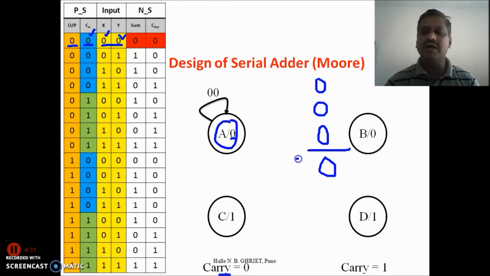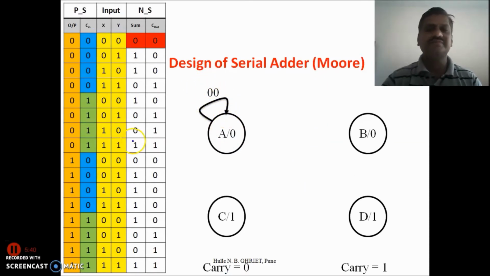Sum will be 0 and carry will be 0. That's what we have: sum is 0, carry is 0. So what is the next state? The next state is again 0 0. That means when we are in state A, for the 0 0 input, the next state will be the same state, that is state A.